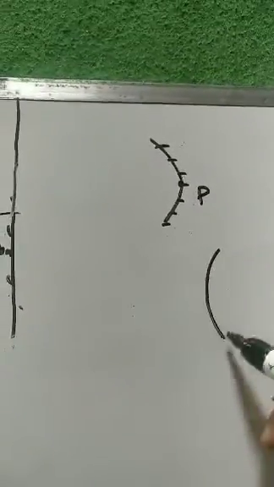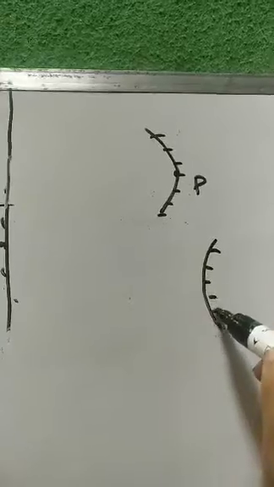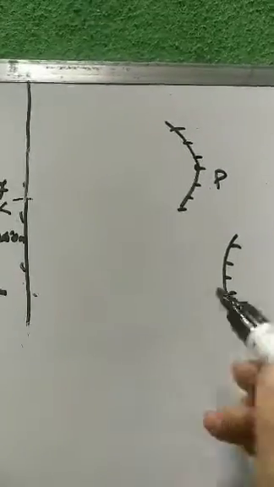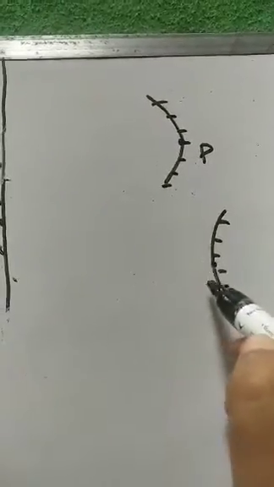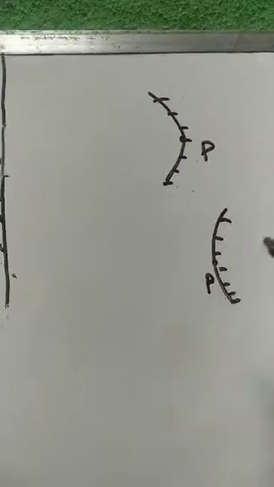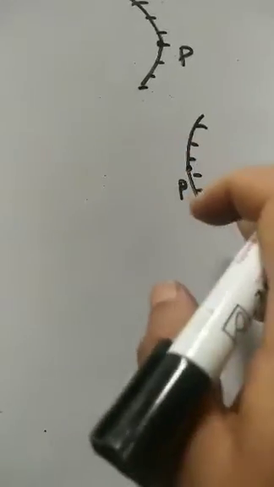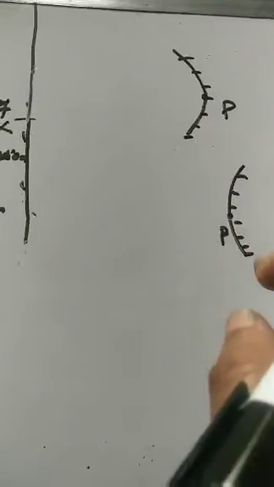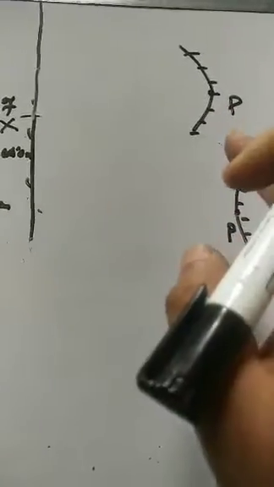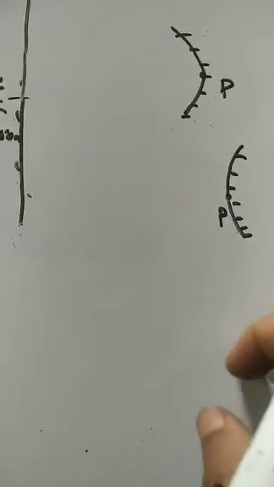This is the diverging mirror, convex mirror. It's called diverging because it diverges a parallel beam of light which falls on it. P is the center, it is called a pole. So the center or midpoint of this spherical mirror, concave or convex, is called a pole.